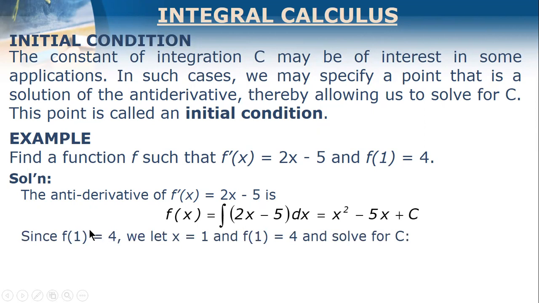Since f of 1 is equal to 4, we let x equal to 1 and the value of the function be equal to 4 at x equal to 1, and then we solve for C. We substitute 4 for f of x and 1 for x: 4 equals 1 squared minus 5 times 1 plus C. One minus 5 is negative 4.